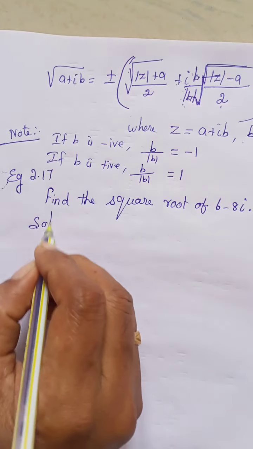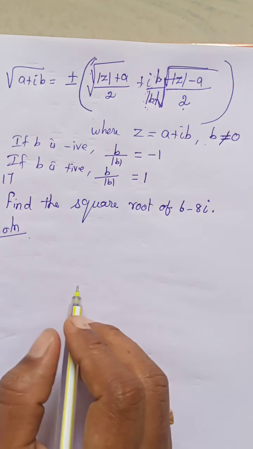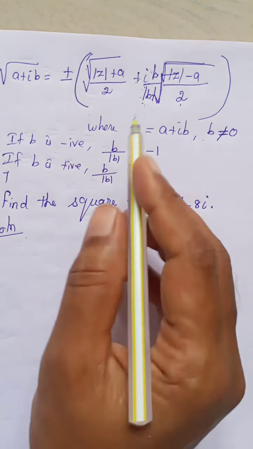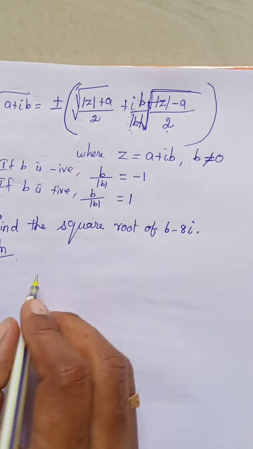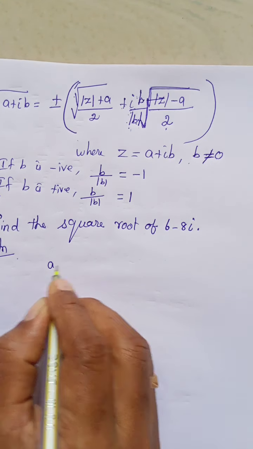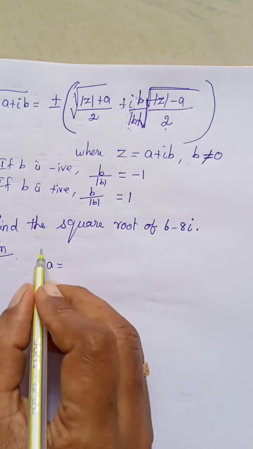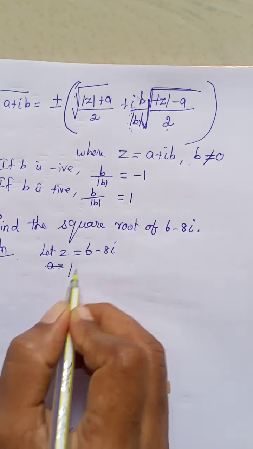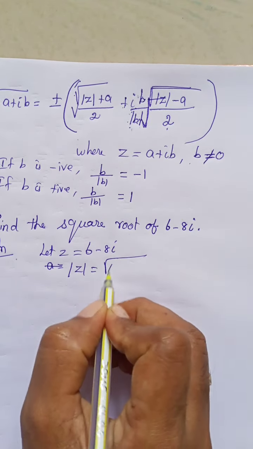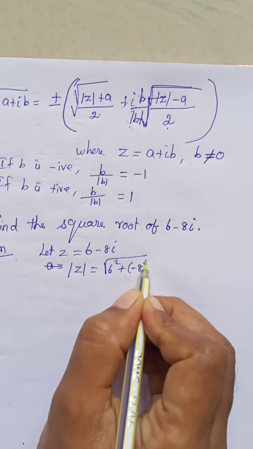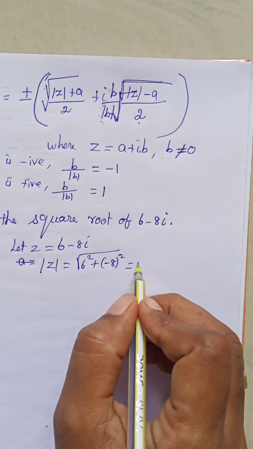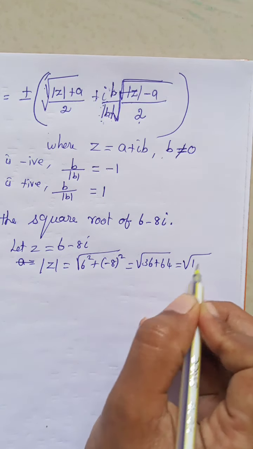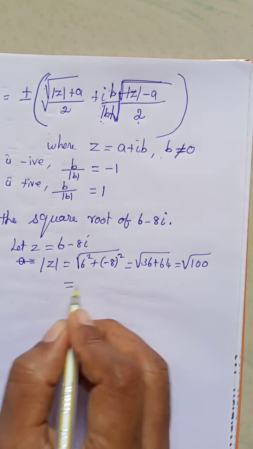Now, solution. See here, we have to find this answer. When we are using this formula, let z is equal to 6 minus 8i. Modulus z is equal to root of 6 square plus minus 8 the whole square, that is root of 36 plus 64, root 100, which is equal to 10.